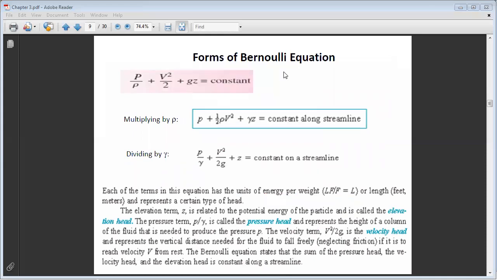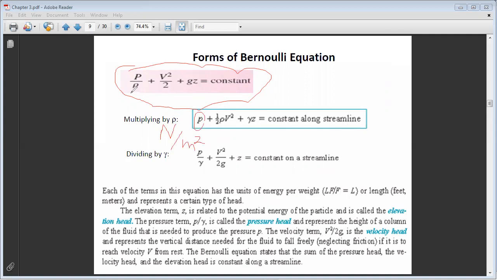Now, concerning the following term. For the Bernoulli equation, you can write it in several ways. You can write it in this way, or you can multiply all your terms by rho. If you multiply all your terms by rho, all your terms will have the same unit as P, which is Newton per meter square.